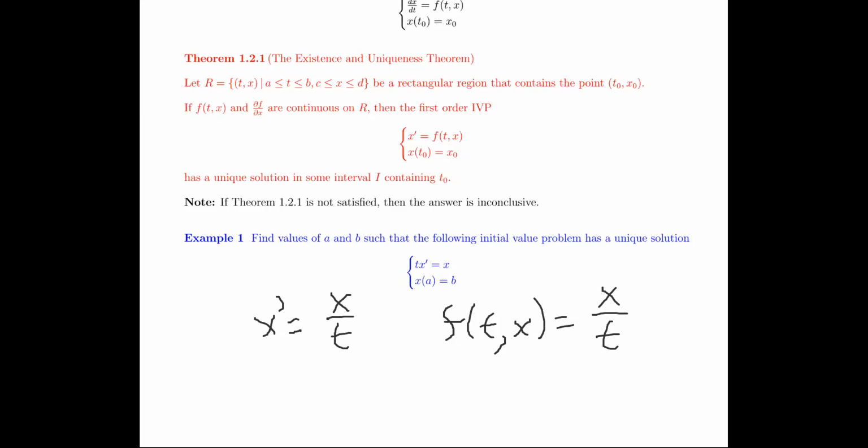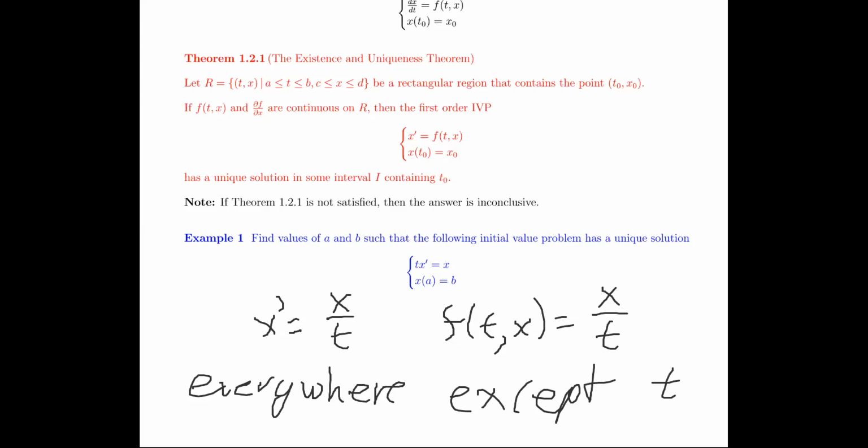So where is f of t, x continuous? Well, it is continuous everywhere except t equal to 0. All right, and what about the partial derivative of f with respect to x? Well, the partial derivative of f with respect to x is just 1 over t.